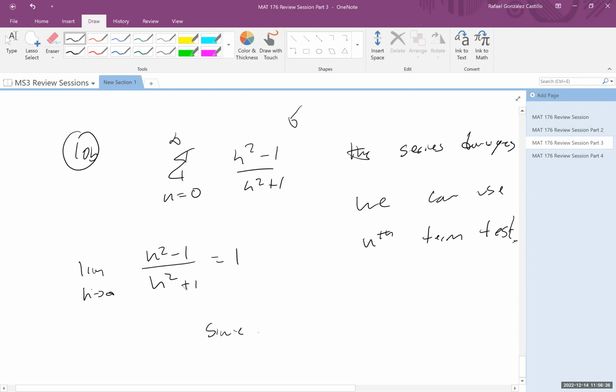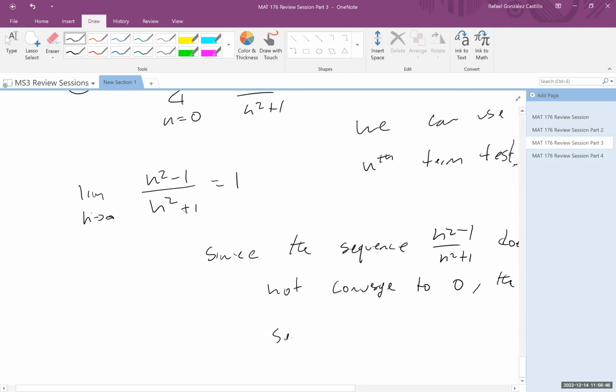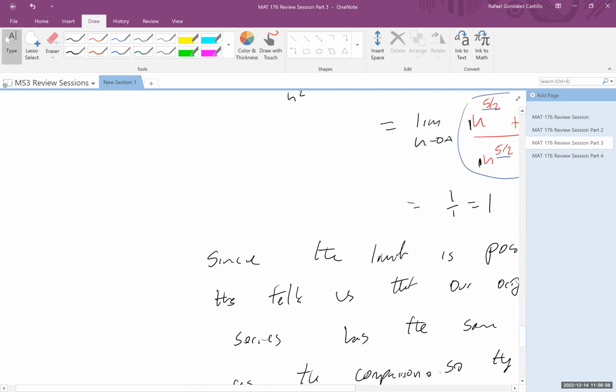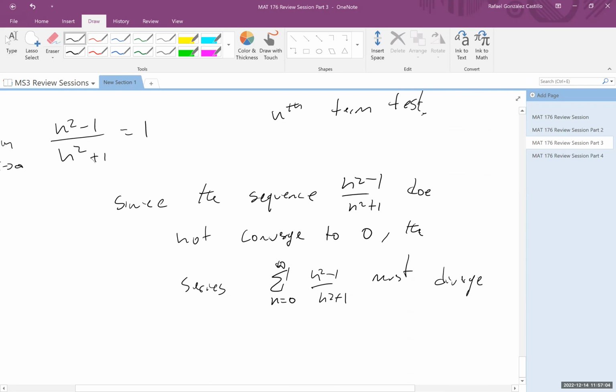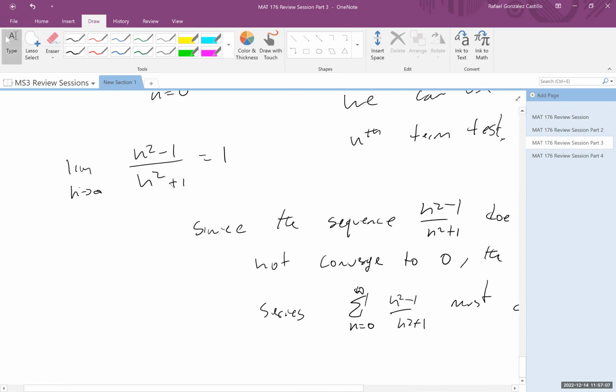So since the sequence n squared minus 1 over n squared plus 1 does not converge to 0, the series from n equals 0 to infinity of n squared minus 1 over n squared plus 1 must diverge. Must diverge.